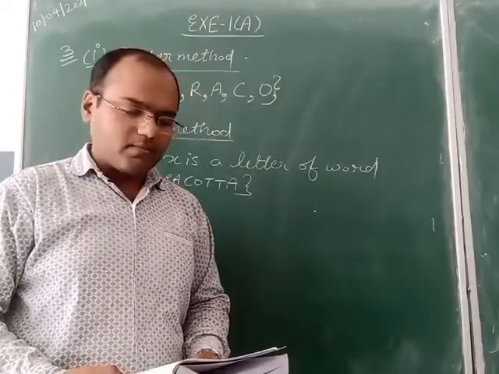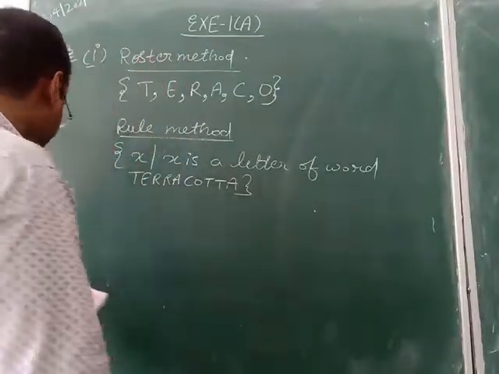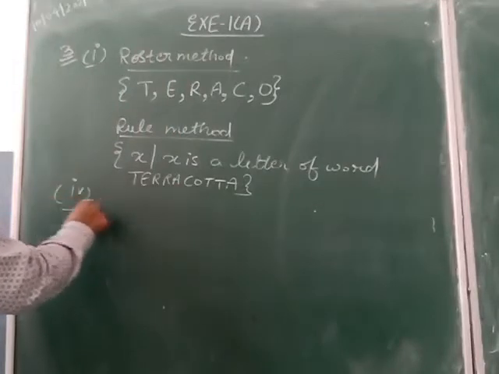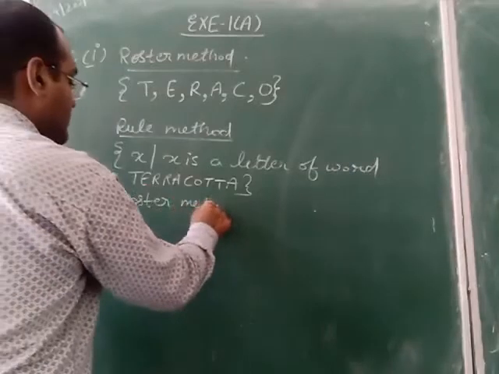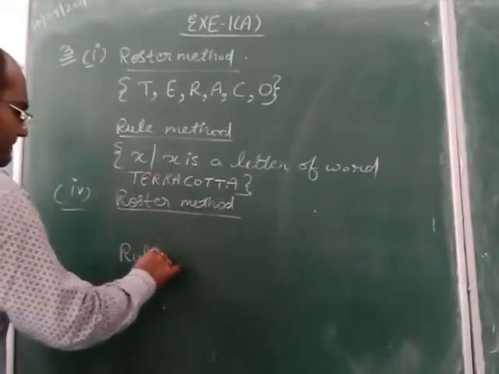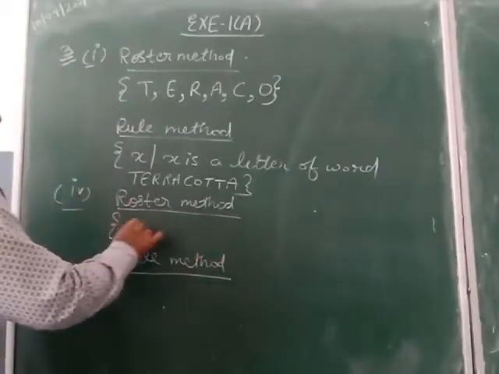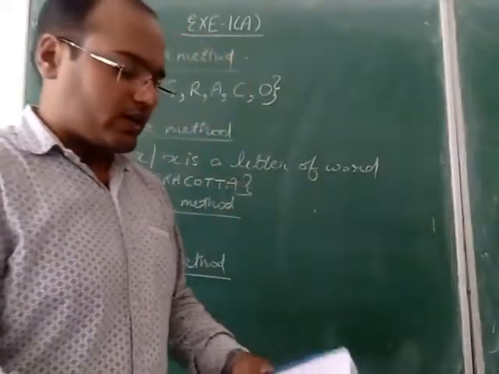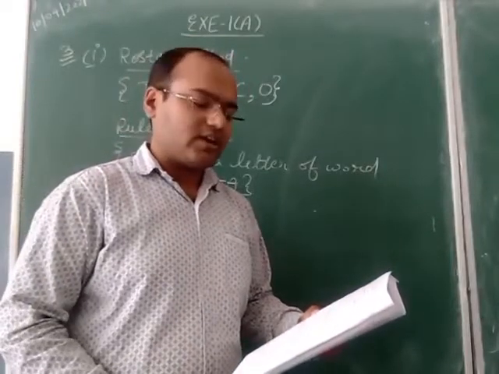Now part number fourth. We have to write both methods, the roster method as well as the rule method. In the roster method, we have to write all the elements in braces and separate them with commas. Even integers lying between -10 and +10.